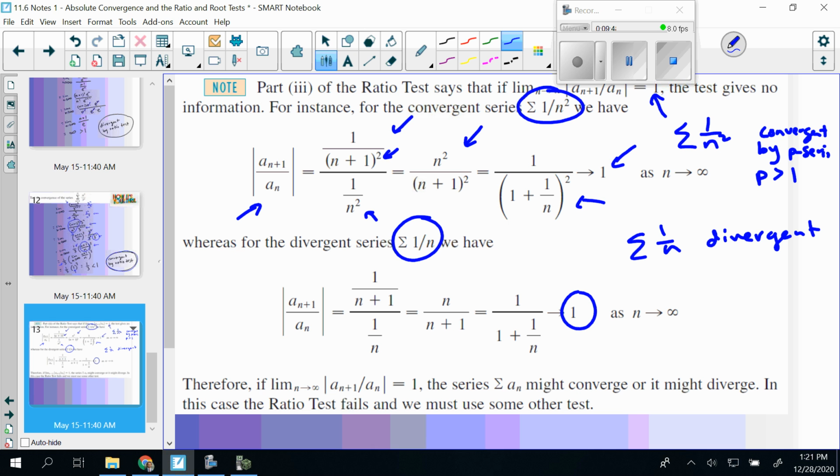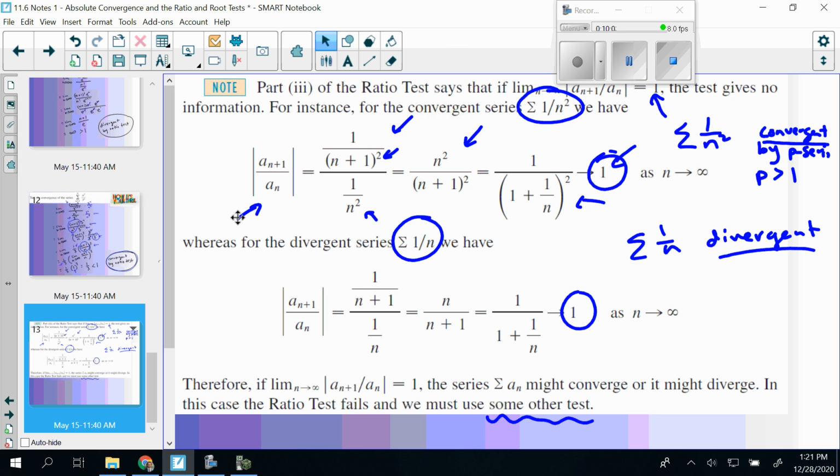So you can see getting 1 as your answer is inconclusive, because it could converge, but it also could diverge. So you got to use some other test when it equals 1. So be careful of that situation. Ratio and root tests are inconclusive when it equals 1. It either has to be less than 1 to be convergent or greater than 1 to be divergent.